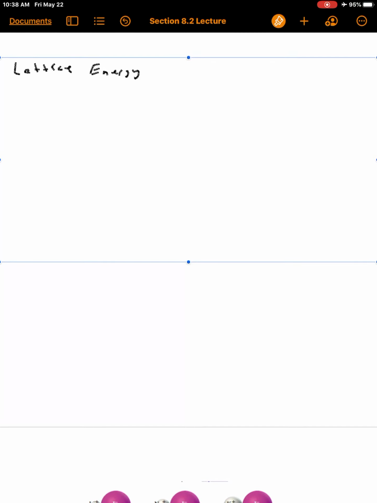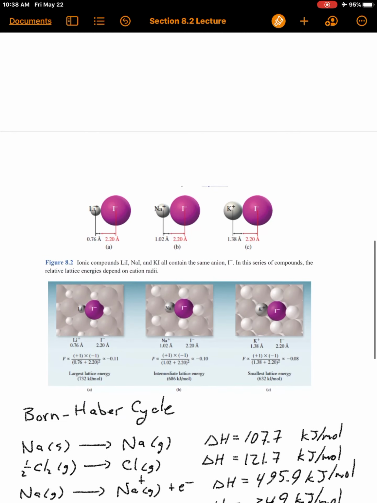Okay. So lattice energy is the following idea. If you take a look at this picture here at the top, this is lithium iodide, sodium iodide, and potassium iodide, three different substances. See how the sizes of the ions vary? They're different sizes.